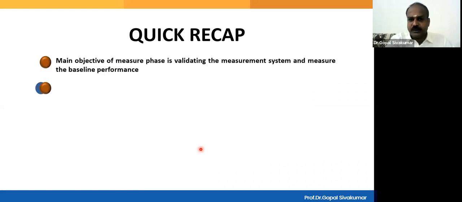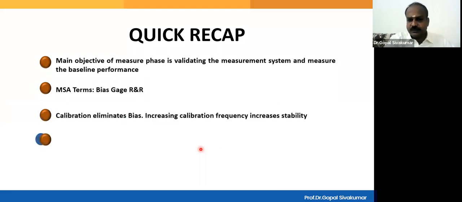So what did we learn in this session? The main objective of the measure phase is to validate the measurement system and then measure the baseline performance. Before calculating the baseline, before collecting the data, we must validate the measurement system. The MSA terminology we learned is bias and gauge R&R. If the bias is large, you can think about calibrating the gauge. You must calibrate the measuring equipment so that you can bring the bias down to 0.